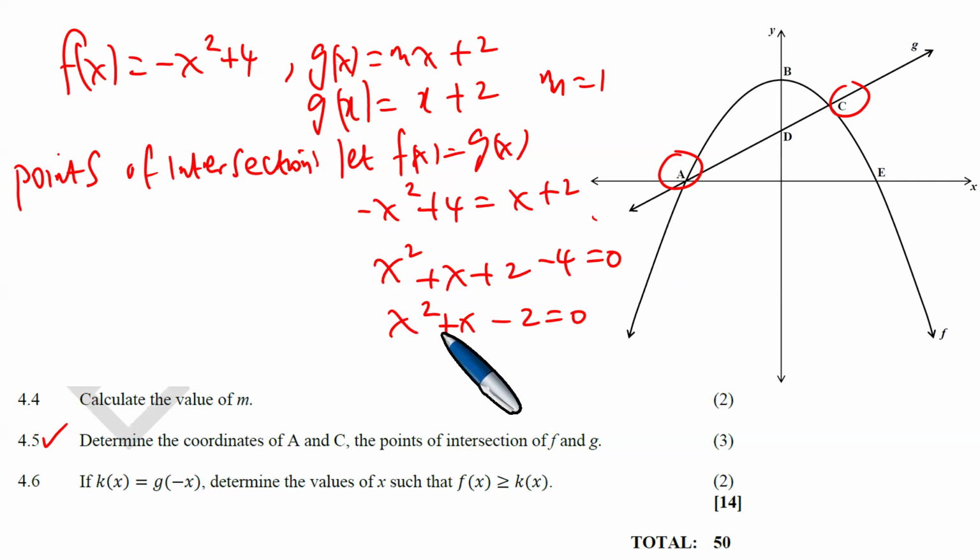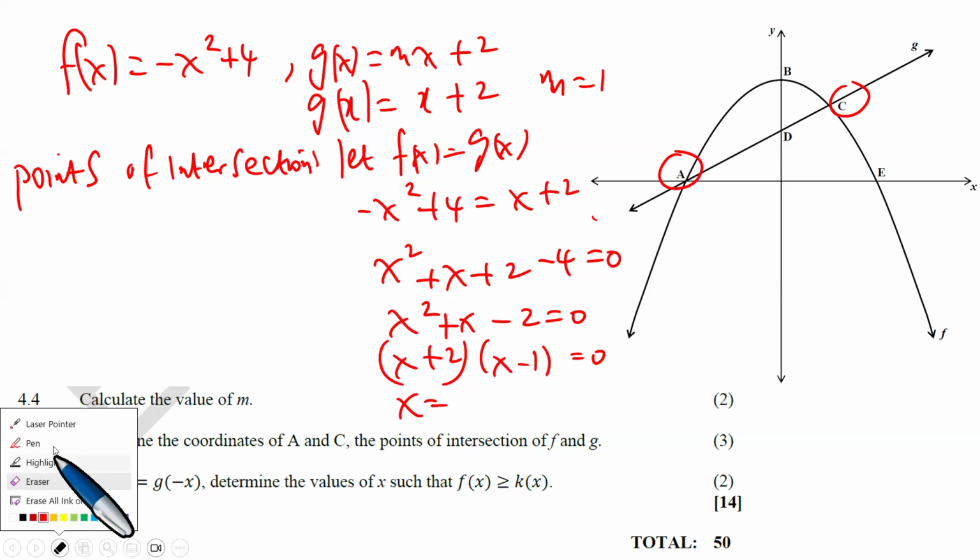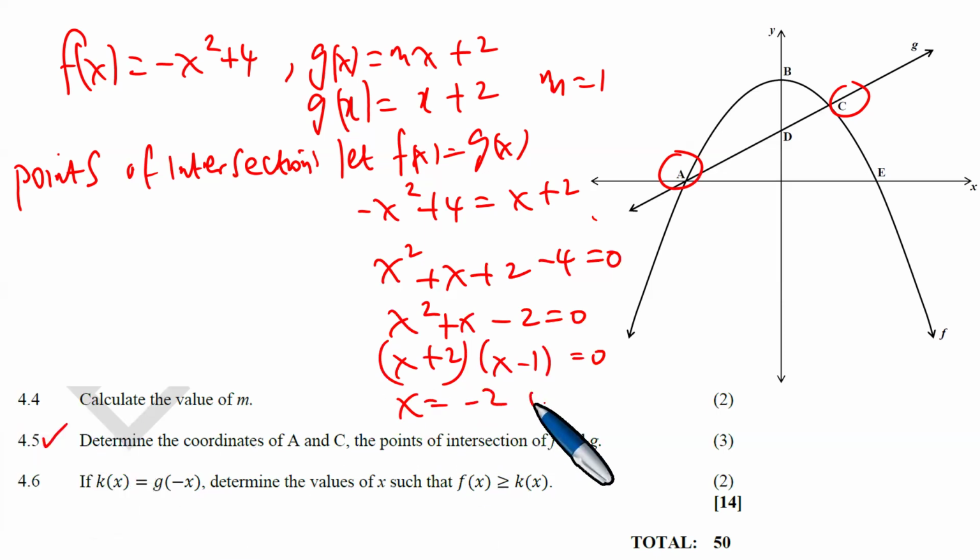Next, what do we do? We factorise: x plus 2, x minus 1.